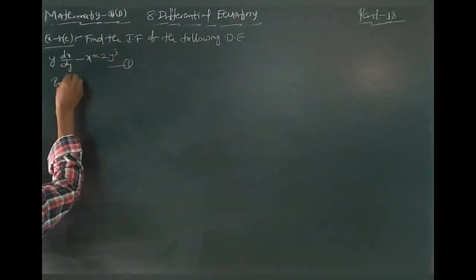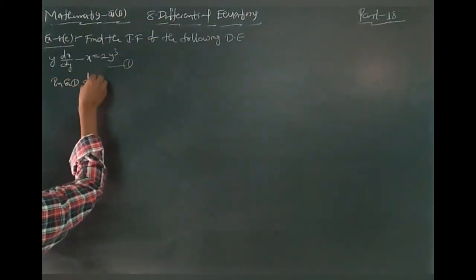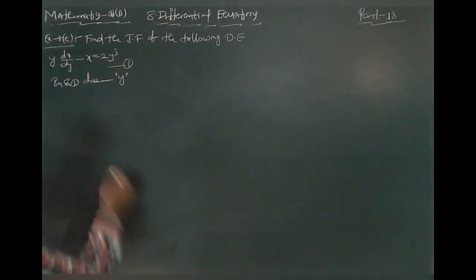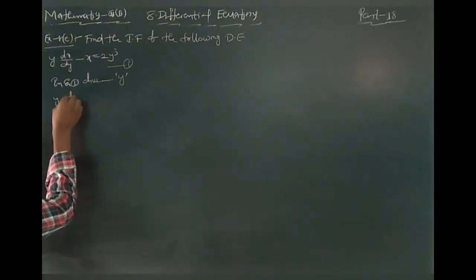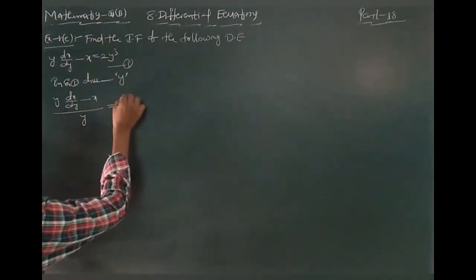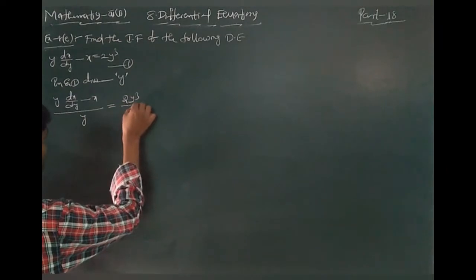In equation 1, dividing both sides by y, what do you get? y into dx by dy minus x all by y is equal to 2y cube by y.